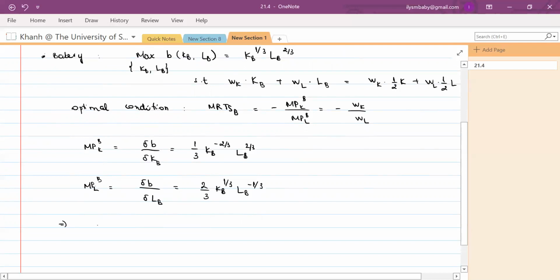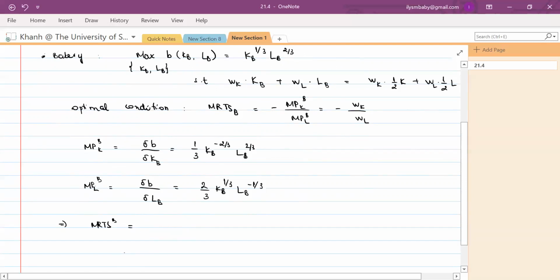Therefore the marginal rate of technical substitution for firm B is equal to the negative of the marginal product ratio. That is 1/3 divided by 2/3, which gives me a half. Now KB to the power negative 2/3 divided by KB to the power 1/3, and LB to the power 2/3 divided by LB to the power negative 1/3.